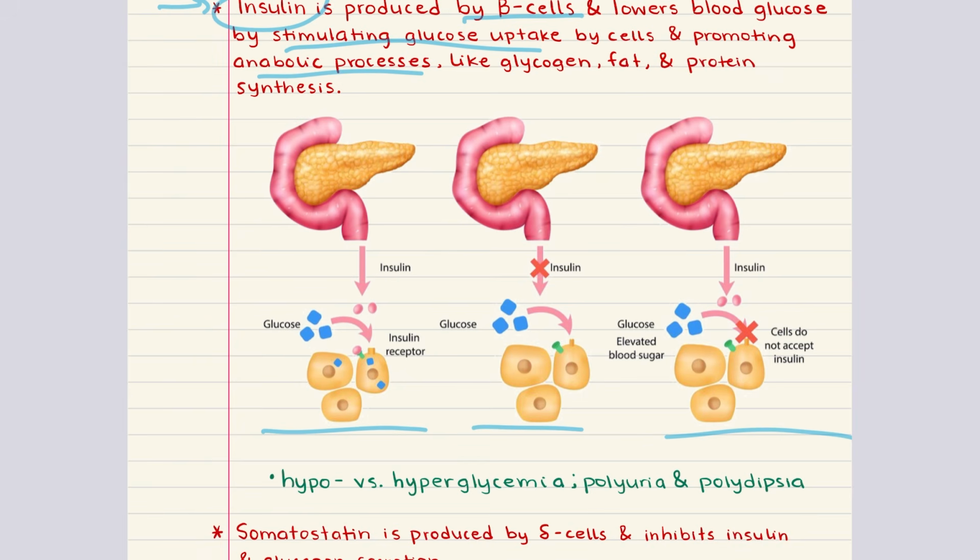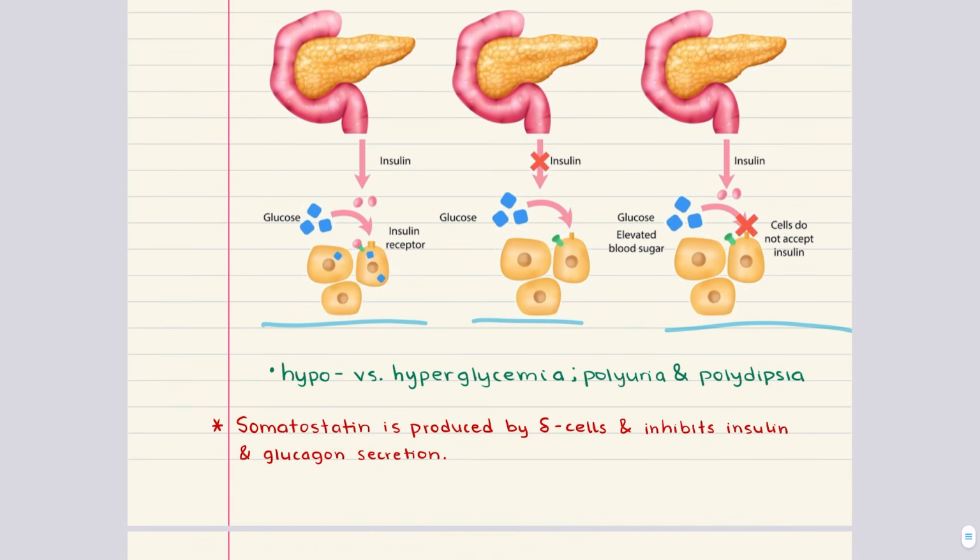Now, these two conditions, type 1 and type 2, fall under the umbrella of diabetes, and they can cause similar symptoms due to hyperglycemia, or high blood sugar. The kidneys try to flush out the excess glucose through urine, and this leads to frequent urination.